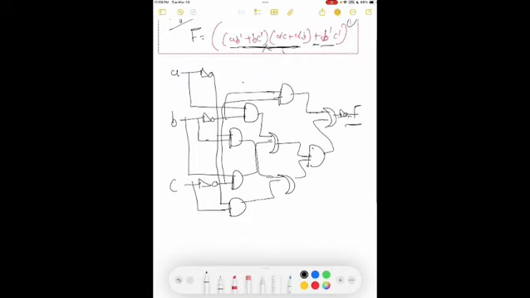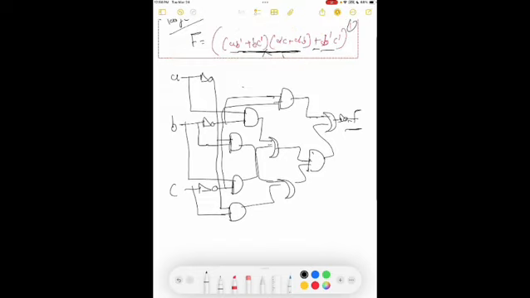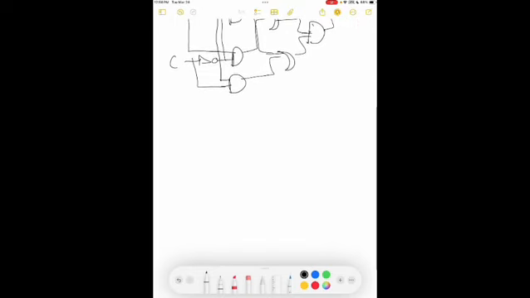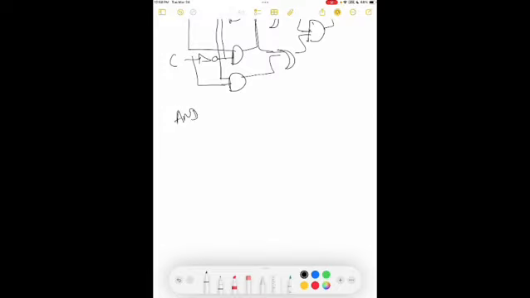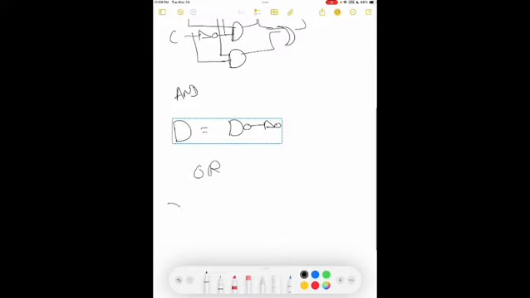This looks nasty, but it is not. This is a simpler equation. And then we have a universal equivalent of AND, and the OR we can write as well.